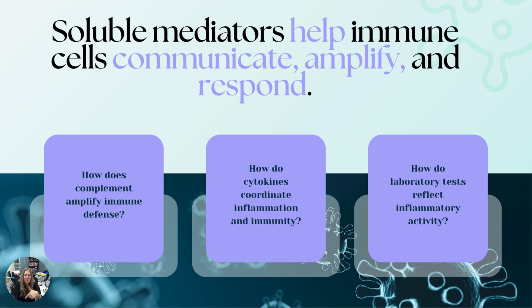As we move through the chapter, keep coming back to these three questions. Again, the big idea is that soluble mediators aren't immune cells themselves. They're signals and proteins that allow the immune system response to become coordinated and amplified.